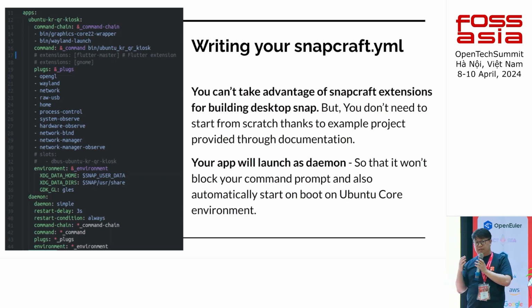You can't really take advantage of the desktop extensions, but fortunately, there are some example projects that you can build on top of, so you don't need to start from scratch. Another difference from your normal desktop application is that it's launched as a daemon, so that it will be launched automatically on boot of the Ubuntu Core environment, and it will also not interrupt your command line prompts after you launch your applications.